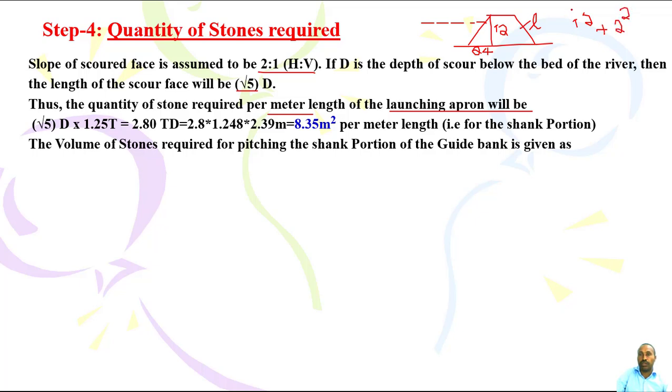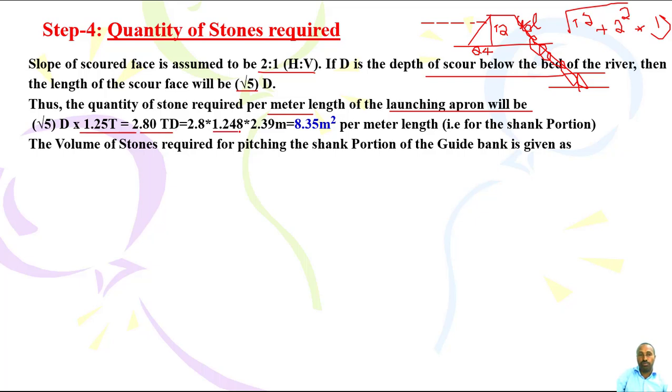If you multiply this radical times D, where D is the depth of scour below the bed of the river, then you will have this slant length. Then finally, you multiply by the thickness, which is 1.25 times D. You have the thickness of stone pitching here. It goes on up to the maximum scour depth. Then this is just the quantity of stone per meter length of the launching apron, which is 2.80 times D.